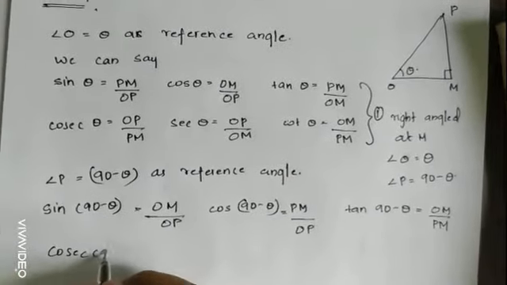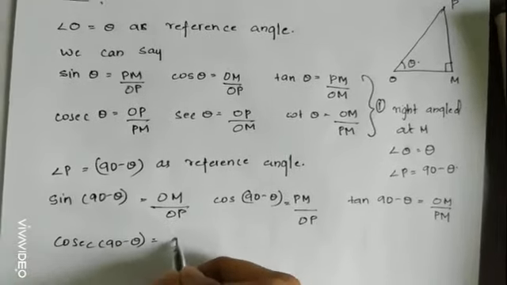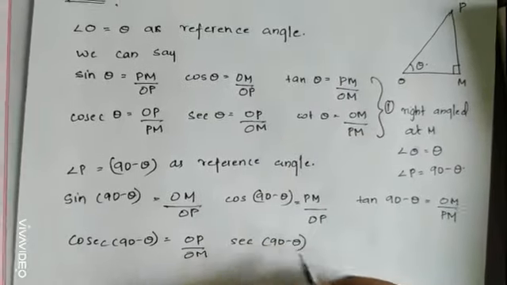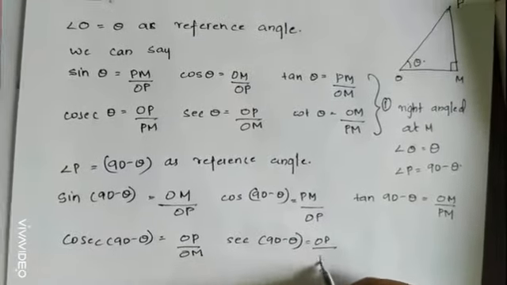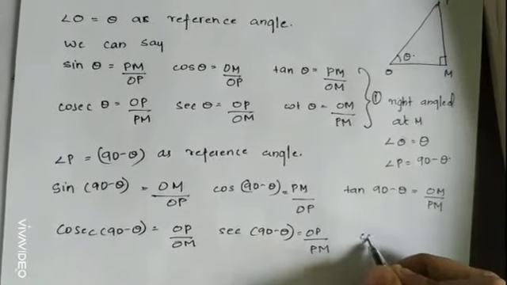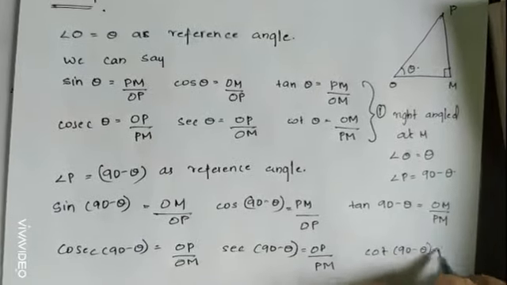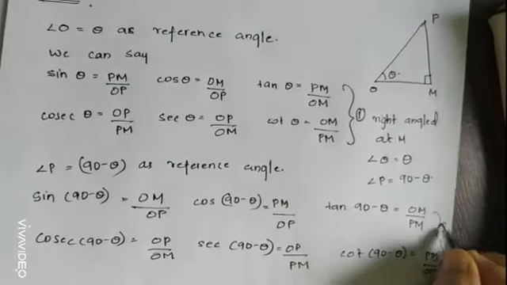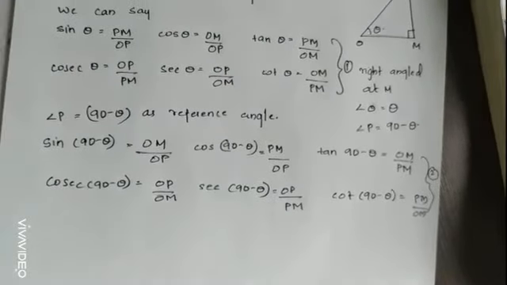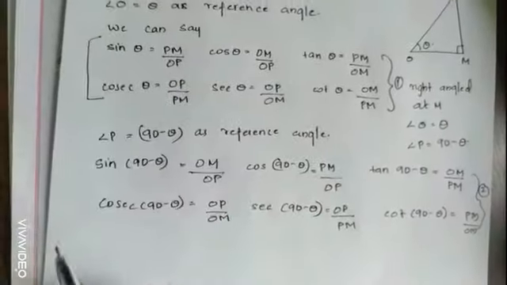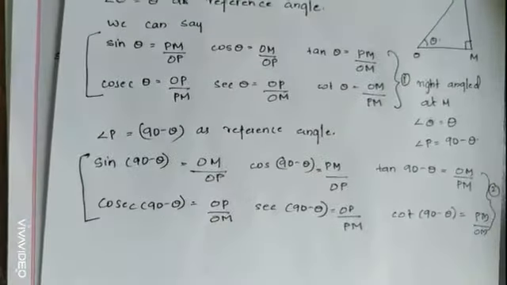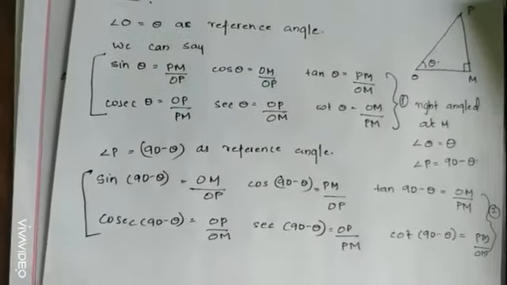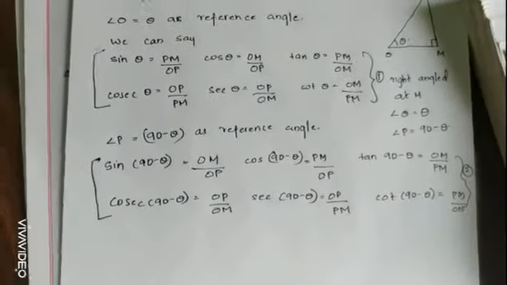Similarly, cosec 90 minus theta is OP by OM, sec 90 minus theta is OP by PM, and cot 90 minus theta is PM by OM. Let this be the second set of equations. And on comparing the first set and the second set, we can see that some of the RHS in first and second are equal. Let us sort it out.